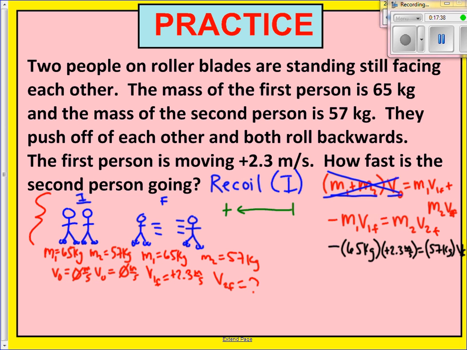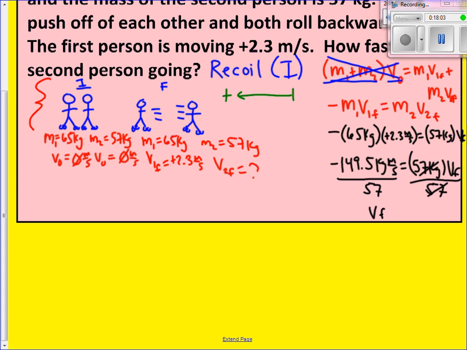On the left side, let's go ahead and simplify that. 65 times 2.3 times negative 1 gives me negative 149.5 kilogram meters per second equals 57 times VF. Solving for VF, we divide both sides by 57. And so we end up getting a final velocity for person 2 of negative 2.62 meters per second.